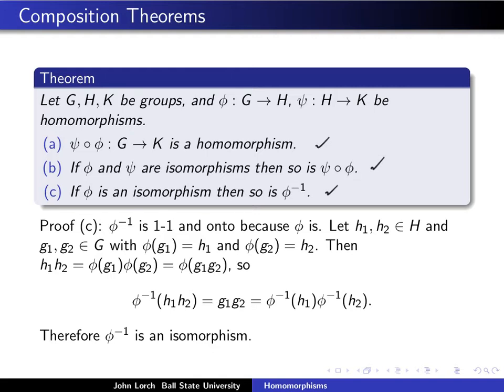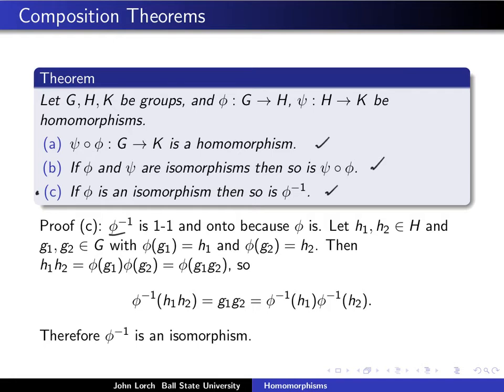Now here at the bottom of the slide, we have a proof of one part of this theorem. In fact, we're just going to prove part C. So we start with an isomorphism from G to H, and we want to show that phi inverse is also an isomorphism. So the first thing you need to do is show that phi inverse is 1-to-1 and onto, and it has those properties because phi is also 1-to-1 and onto.